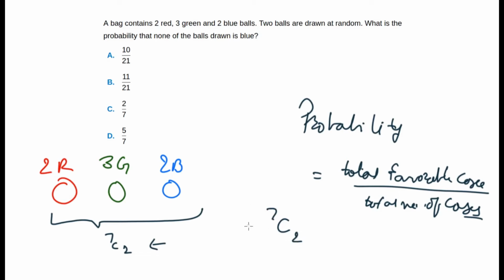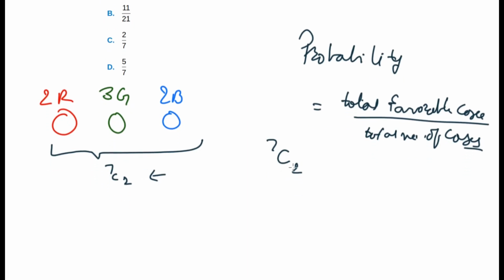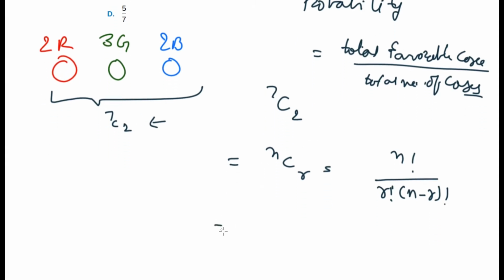So how to find this? To choose out of 7, and the need of the case is 2. How to write this? nCr equals n factorial upon r factorial times n minus r factorial. To solve this, we will get the answer as 7 factorial upon 2 factorial and 7 minus 2, which is 5 factorial.